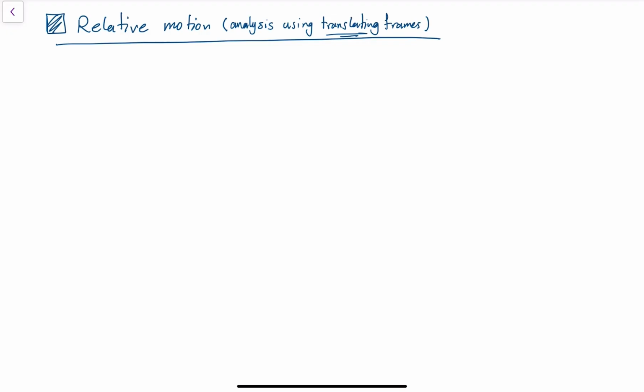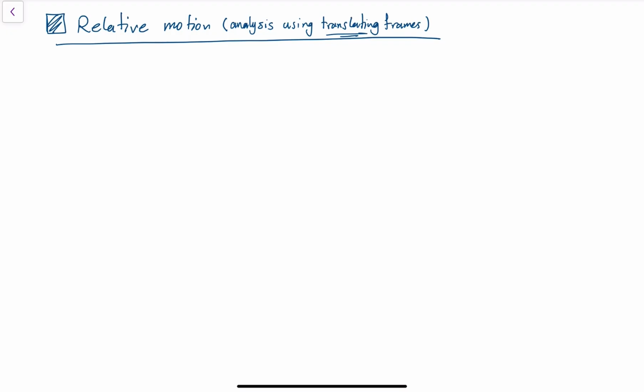And I want to focus on also the concept of translating axis, meaning that there is no rotation of one particle relative to another considered or included here. If there is that kind of rotation, things become a little more complex. So we are only considering translational aspect.